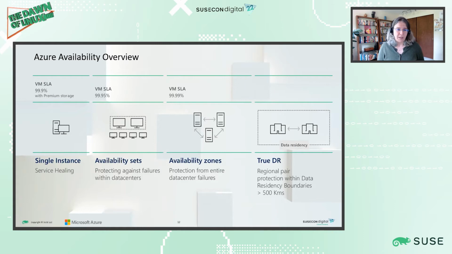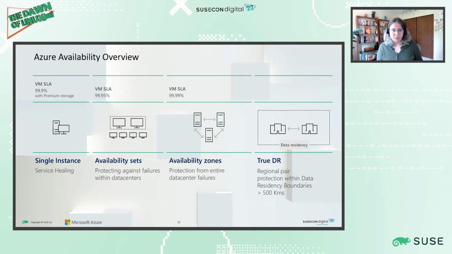What you're also going to gain by deploying an availability set is that when updates roll through the Azure infrastructure or through the hypervisor, you have a guarantee that your virtual machines, which are distributed across update domains, will not be impacted or will not be patched at the same time.